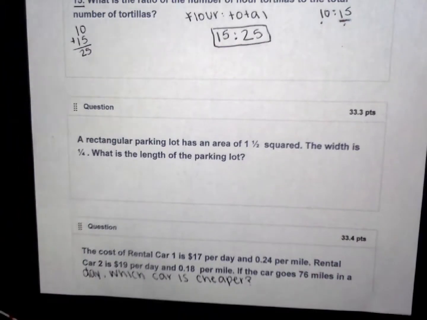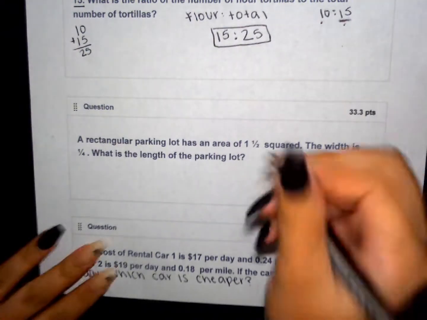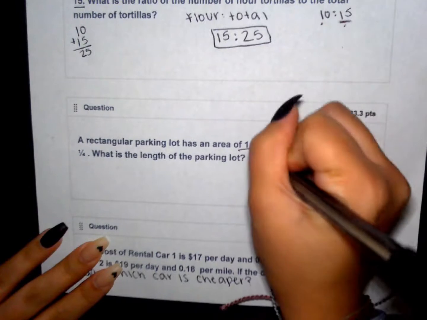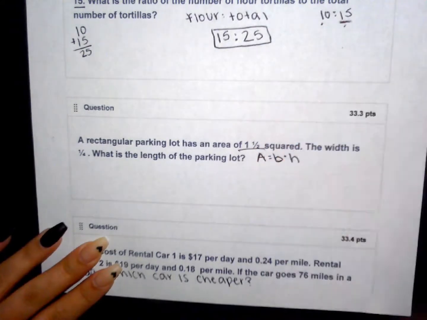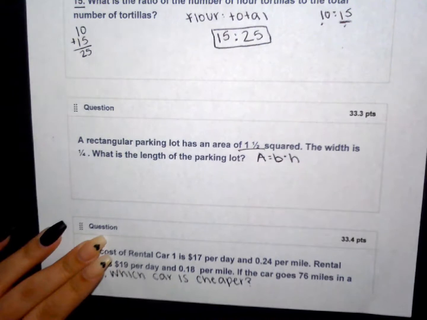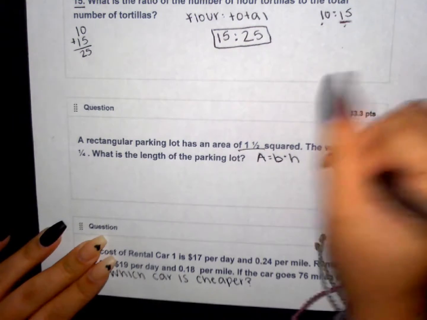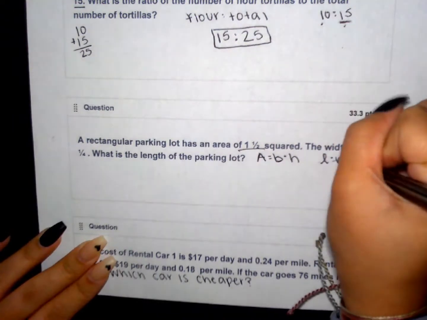Now for question 2, we have a rectangular parking lot that has an area of 1.5 squared. The width is 1/4. What is the length of the total parking lot? So what we know is, to get the area, we do A equals base times height, or length times width, whichever one.